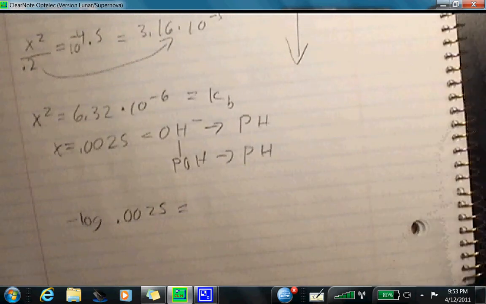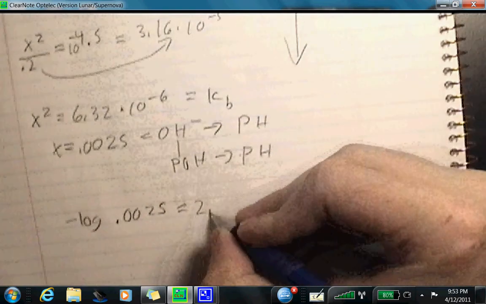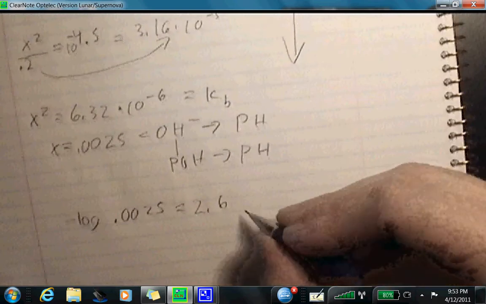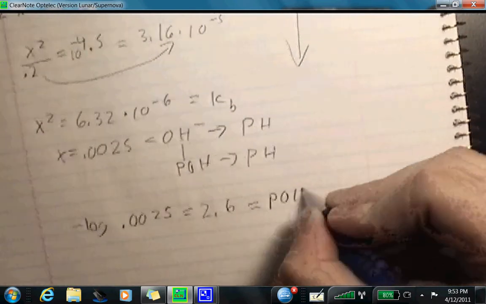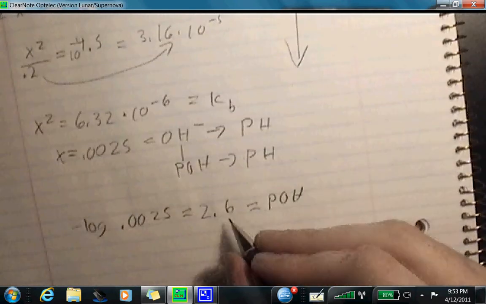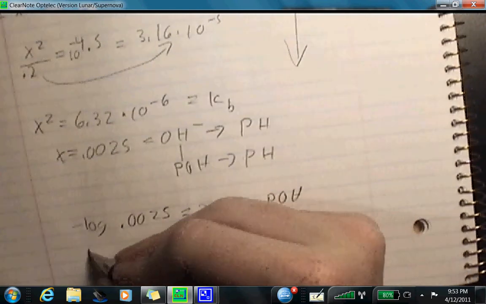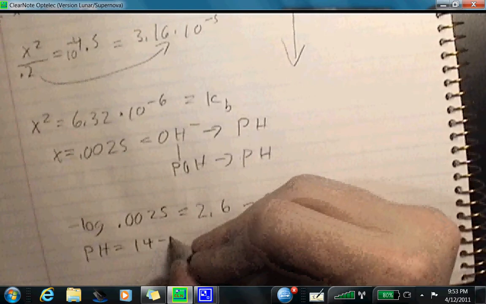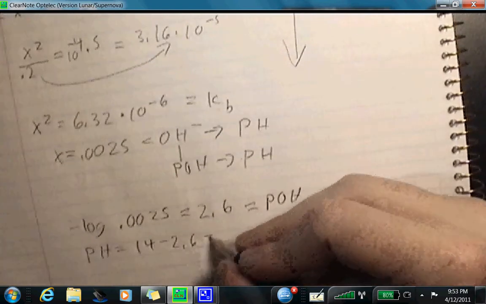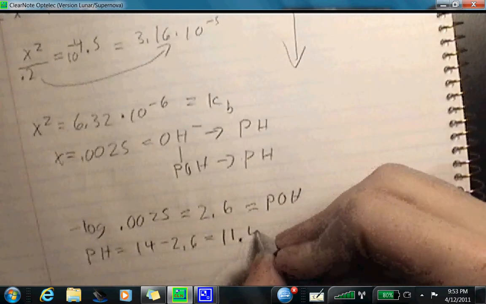Yep. This is our pOH, and then we're going to solve for pH. So pH will equal 14 minus 2.6. Your final pH is going to equal 11.4.